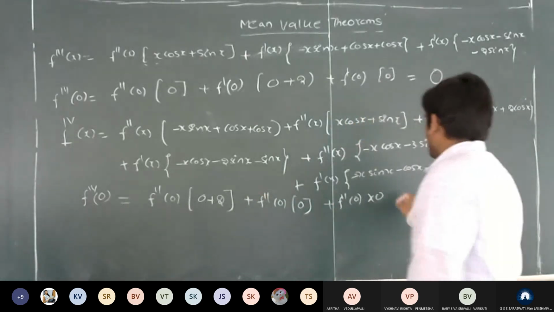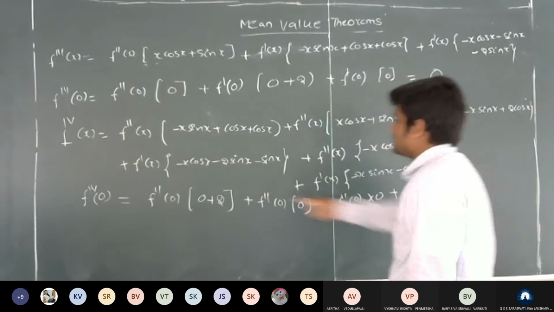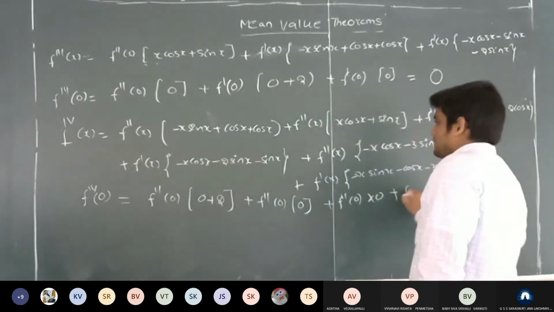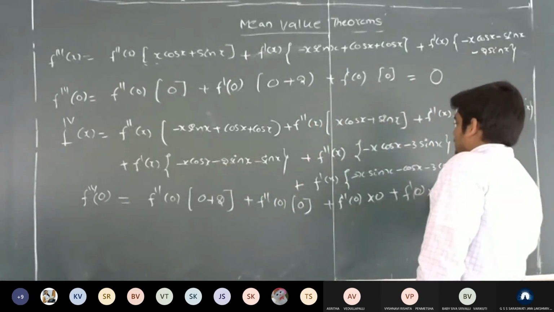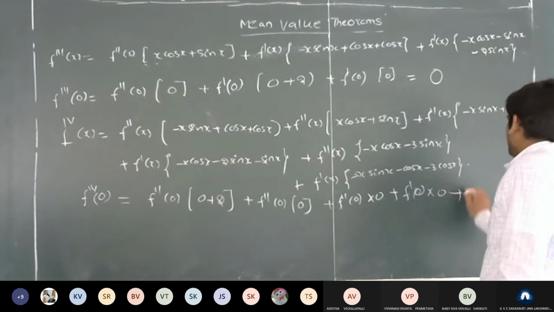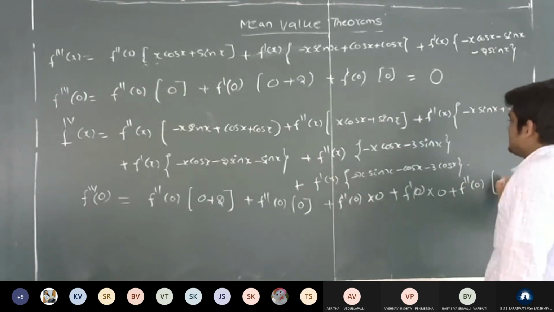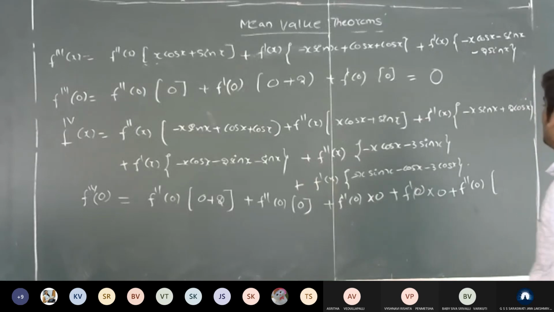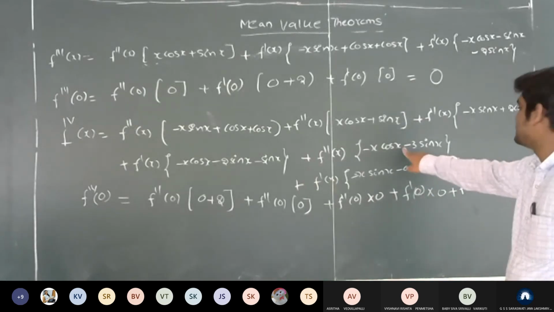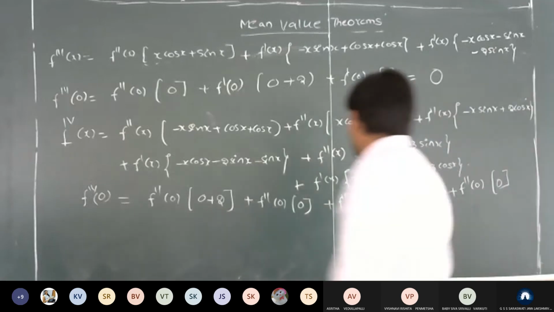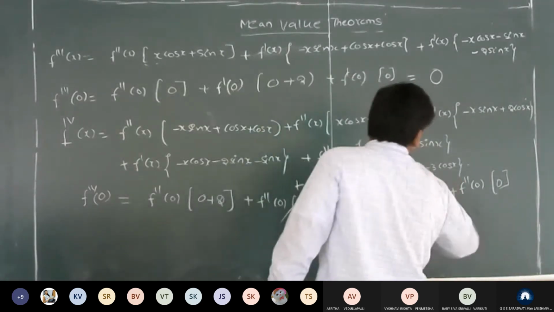Plus here this is also 0, because this is 0, this one is 0. f dash of 0 into 0. Plus in this term, plus f double dash of 0 into, this is also 0. So here this is 0, this is 0. So therefore finally 0, 0, 0, 0.